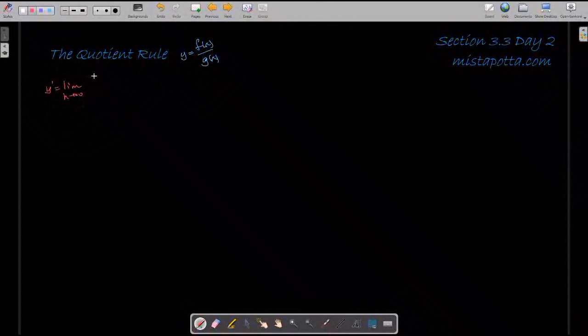My function evaluated at x plus h, so it's going to be f of x plus h over g of x plus h minus my function evaluated at plain x, f of x over g of x. And this is all going to be divided by h.